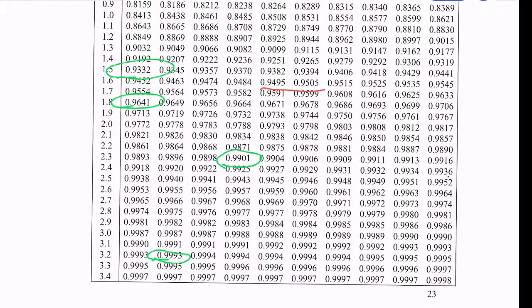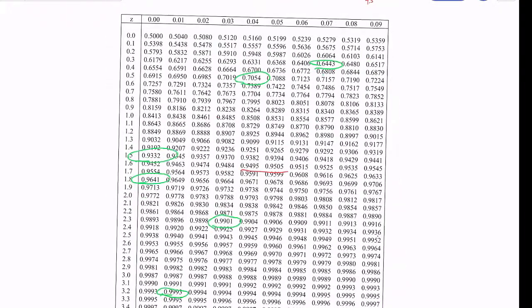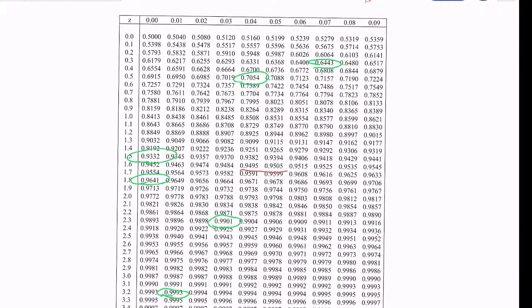These are equidistant from 95%. So which one should I choose? One is 1.64, and one is 1.65. One is above and one is below. Which one should I choose?